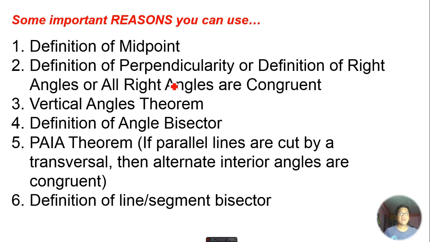Then the definition of perpendicularity, or definition of right angles, or all right angles are congruent. And then the vertical angles theorem, definition of angle bisector, the parallel line theorem, or if parallel lines are cut by a transversal, then alternate interior angles are congruent. We also have the definition of line or segment bisector. Now, we're going to discuss these one by one.